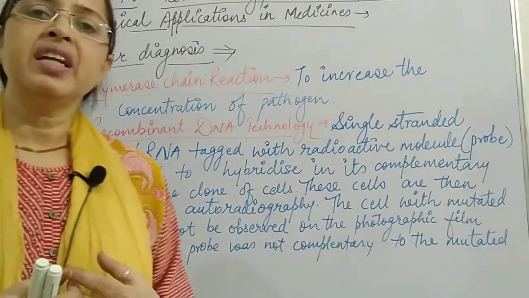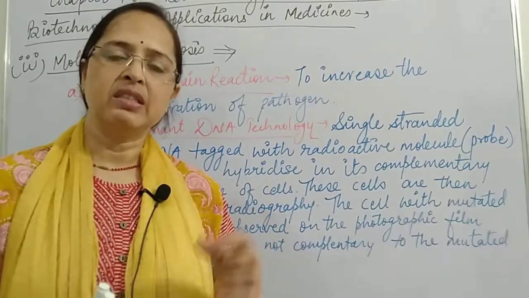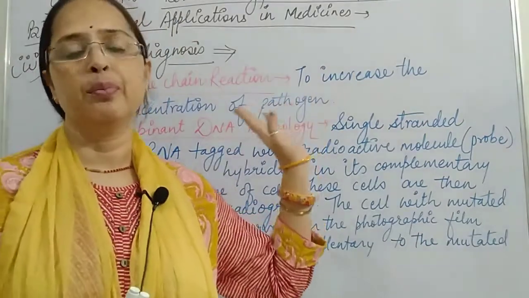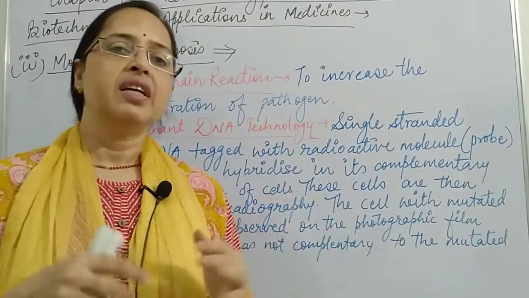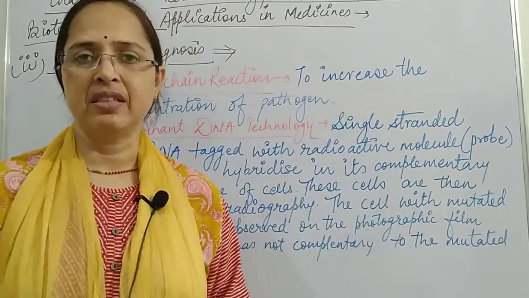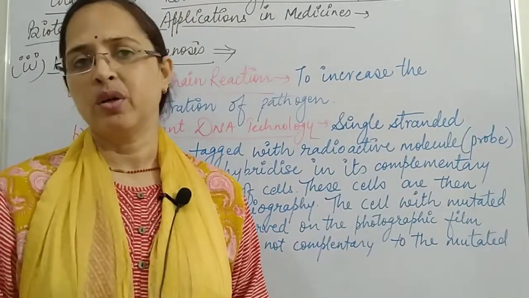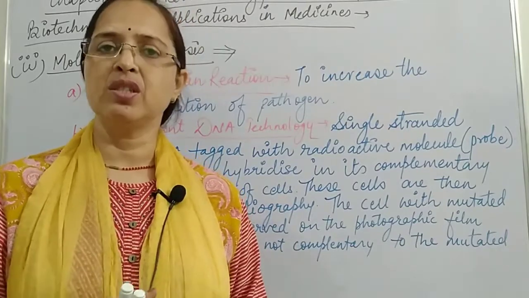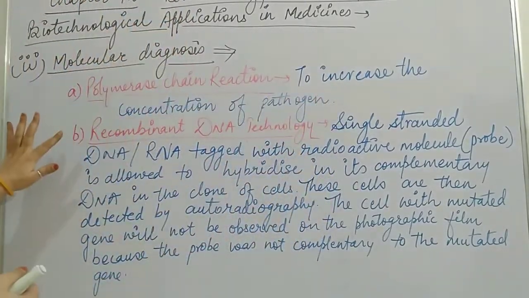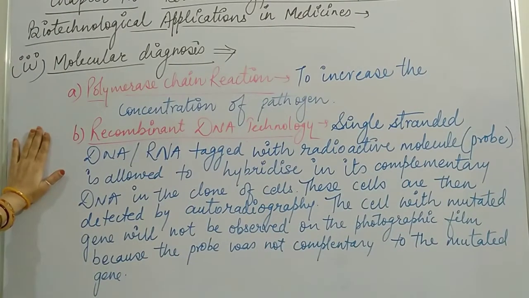To find the presence of the pathogen, the sample is taken and processed for PCR. The concentration of the pathogen increases, and we can easily diagnose the presence of a particular pathogen.